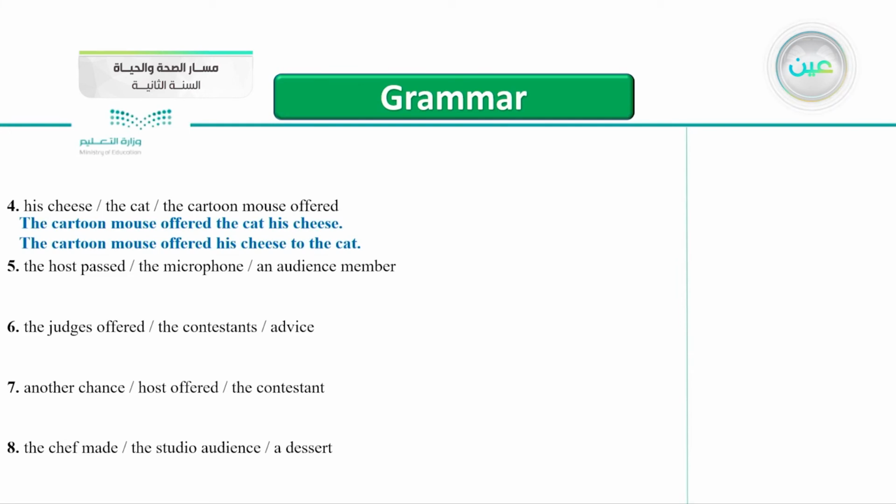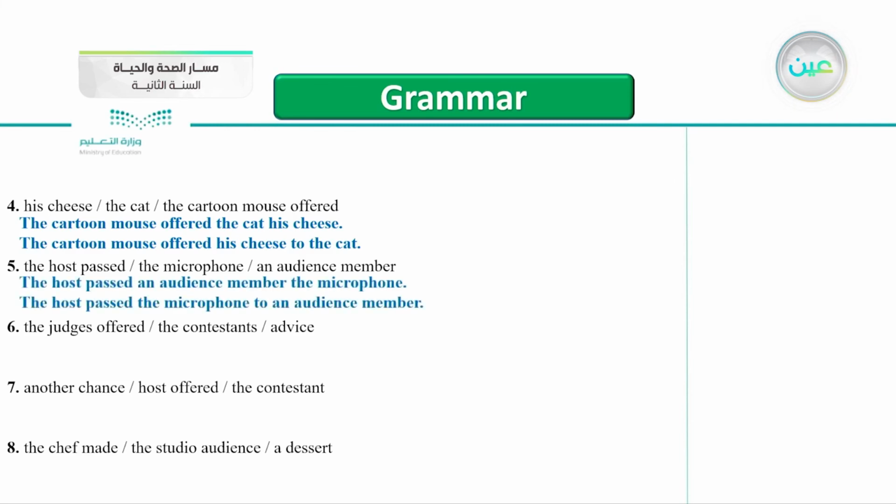Number 5: the host passed the microphone an audience member. Very good. Now you got the hang of it really. The host passed an audience member the microphone. The host passed the microphone to an audience member. What about number 6? The judges offered the contestants advice. This is an easy one.